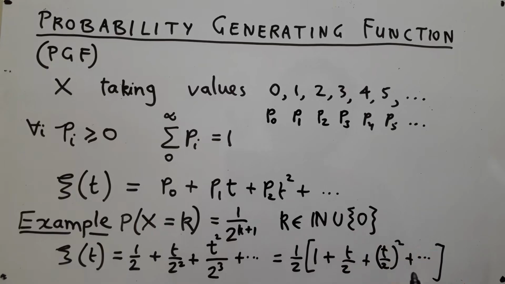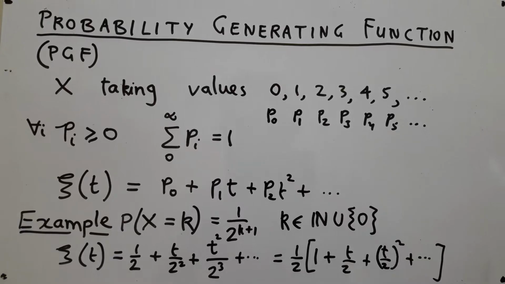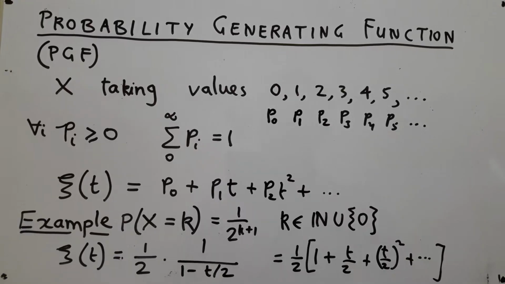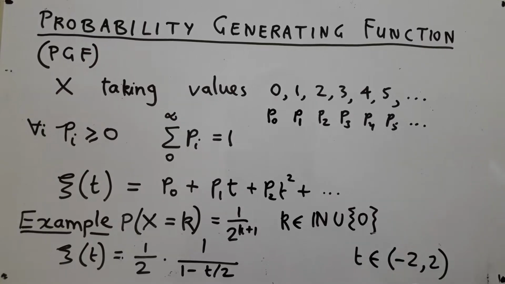Now when will this sum converge? This is the geometric series, so I can easily see that this will converge when the absolute value of t by 2 is strictly less than 1. The sum is half times 1 over 1 minus t by 2, and that is when t is in the open interval minus 2 to 2, which means the absolute value of t by 2 is strictly less than 1.